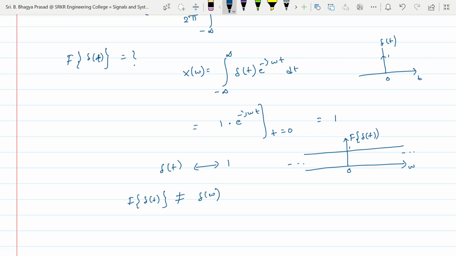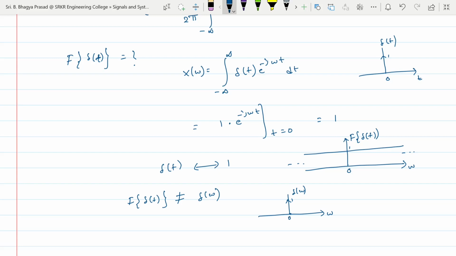Be careful with such expressions. Delta of omega is simply the delta function with the horizontal axis in omega, where the independent variable is omega and the value is 1 at omega equal to 0.